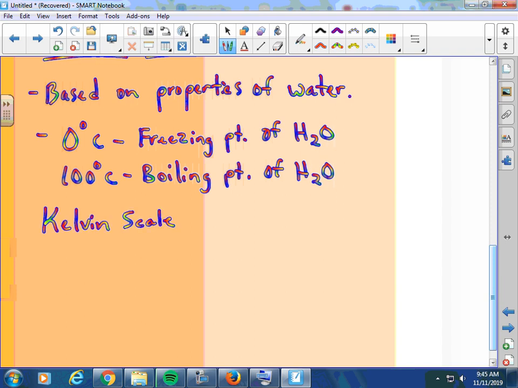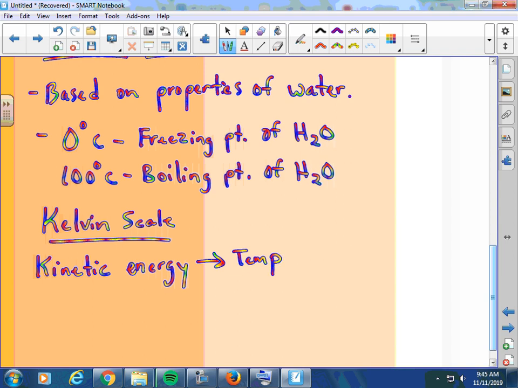Instead of being based on the properties of water, it still goes along with the Celsius scale directly, but they wanted to relate it to energy, because the average kinetic energy is directly related to temperature, right? So they wanted to make a scale where the lowest possible temperature would mean the lowest possible energy.